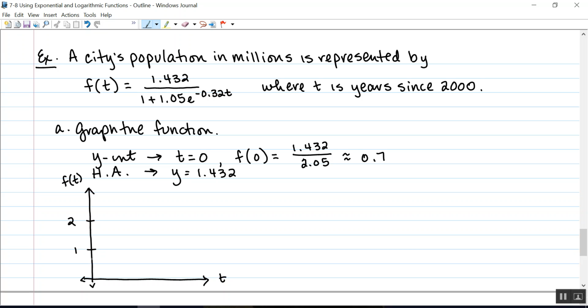My y-intercept is going to be about there, and then my horizontal asymptote is right about here at about 1.4. So my line, I'll do this one in pink, is going to start right about here, go up, and kind of level out. Don't worry too much about being super precise. I'm looking for the y-intercept and what the horizontal asymptote is.